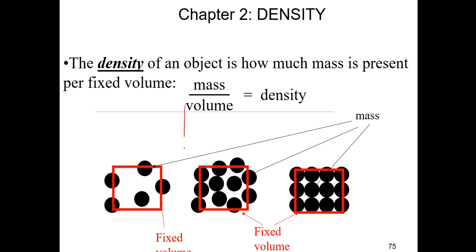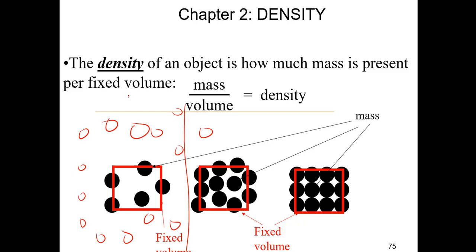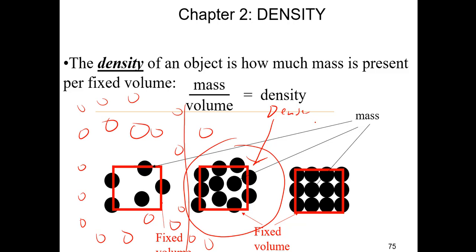For example, for the gas on the left, maybe I have 3 times the amount of particles present compared to the liquid in the center. Regardless, the liquid is still considered denser than the gas. So it has nothing to do with the number of particles, which is why we like dealing with fixed volumes. That way we don't worry about the size of the substance.